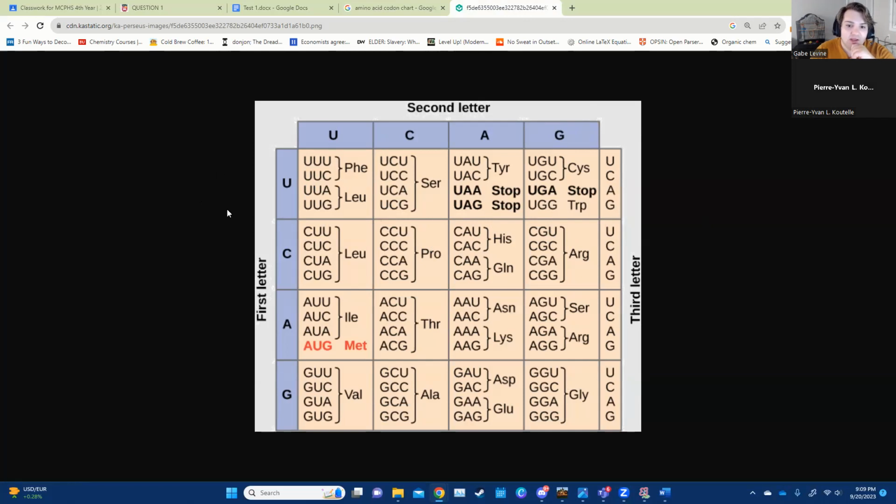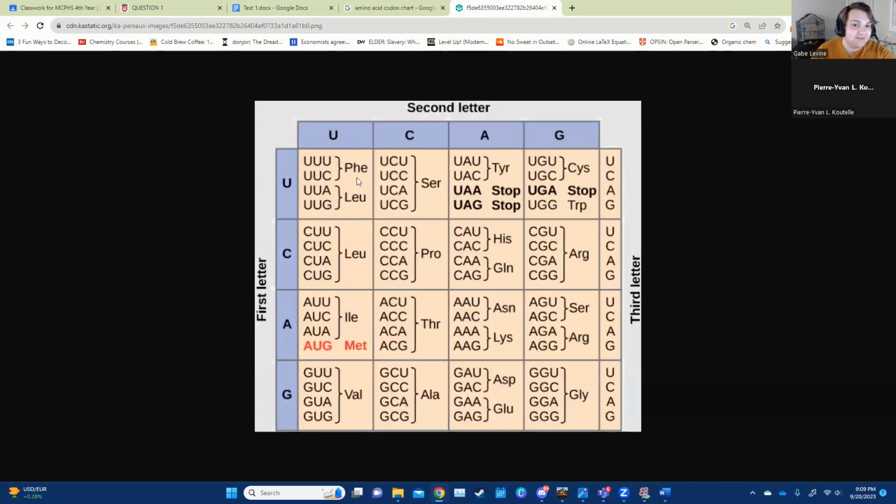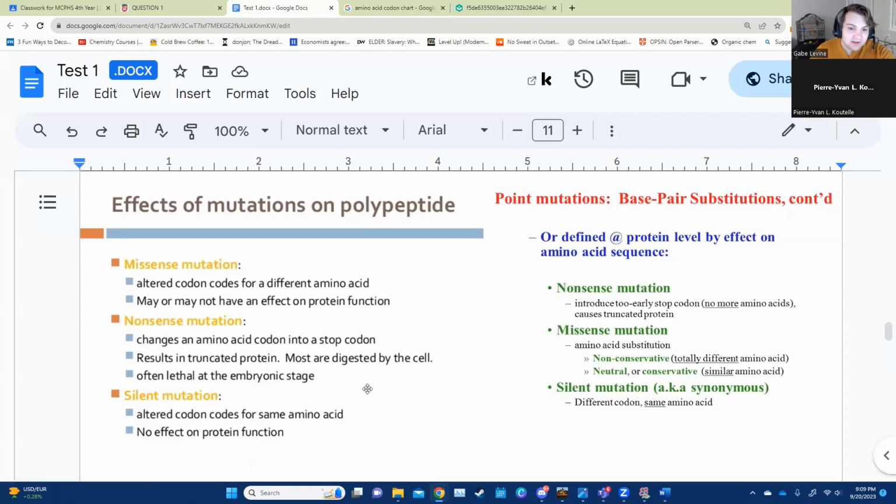And you'll be able to see what the original sequence was, determine what that amino acid should be, and then what the change is going to become. Like you said, a silent mutation is that you make a change and it ends up being the same amino acid. The missense is that it creates a different amino acid, and non-conservative would be a completely different amino acid.